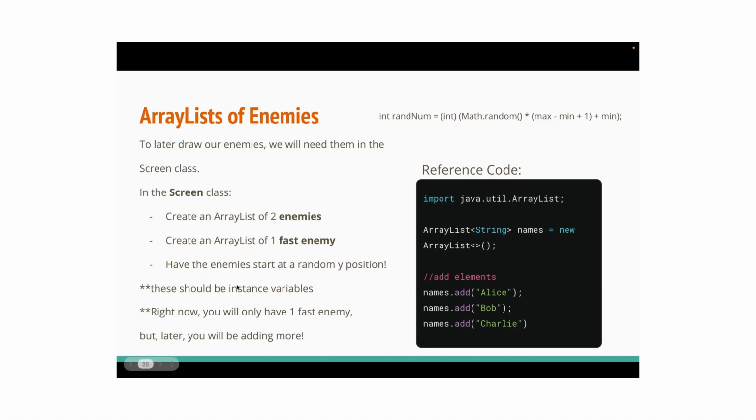You might name them ArrayList of Enemy enemies and ArrayList of FastEnemy fastEnemies. Those would be the names of the instance variables that contain the ArrayLists of enemies and fast enemies. That way you can access them easily throughout your program.